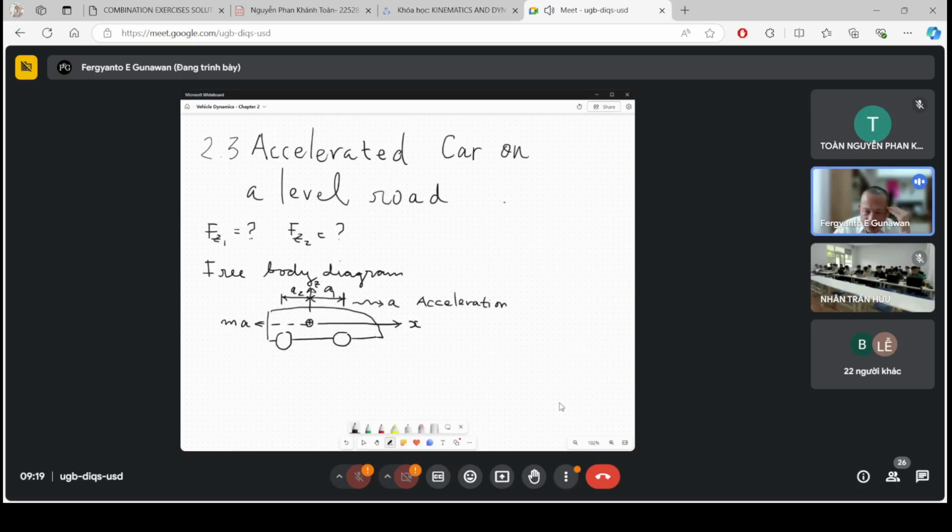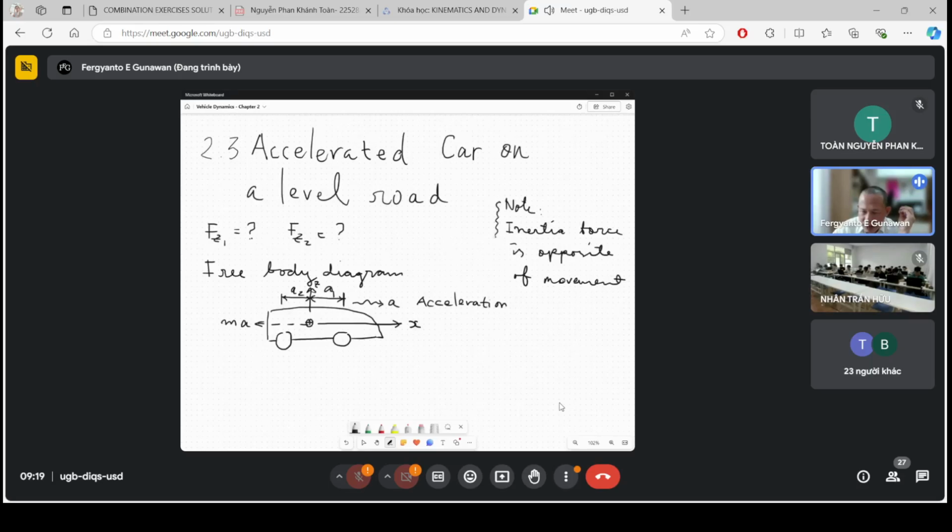Remember that we got to make a note here. The inertia force is in the opposite direction of the movement.